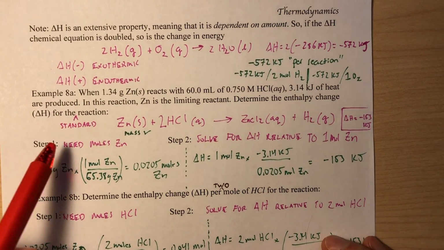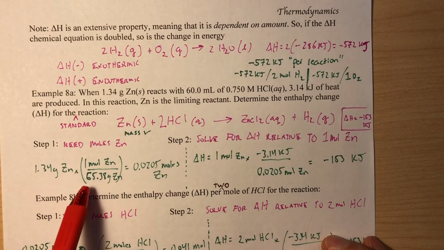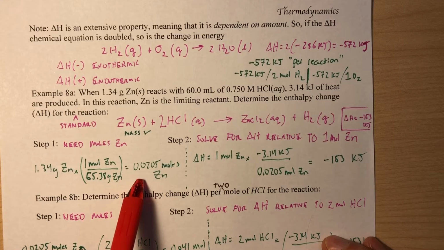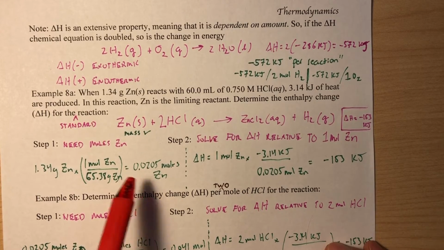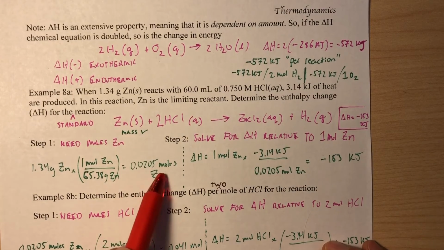And when we do that, we figure out that we have 1.34 grams of zinc multiplied by 1 over the molecular weight of zinc, giving us 0.0205 moles of zinc. We can then figure out how many kilojoules of heat are released for every 1 mole of zinc.